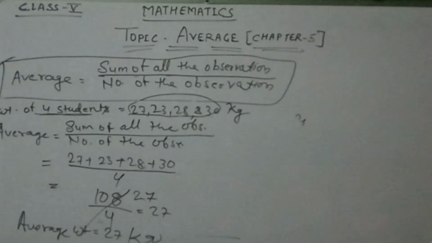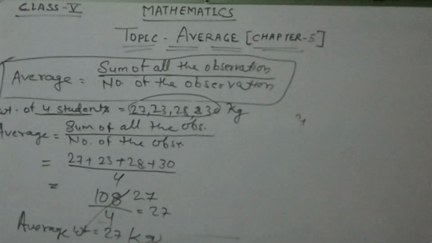In the same way, students, when observations with different numbers are given, we add all the numbers together, and after that divide by the number of observations, and then we get a single number. That is called the average. That is where we find the average.